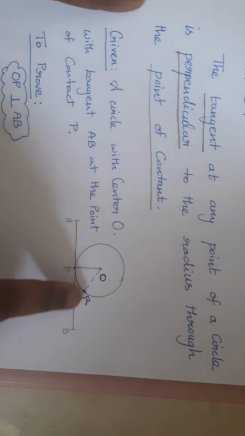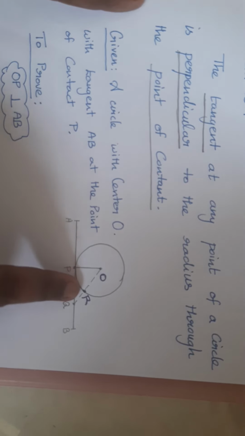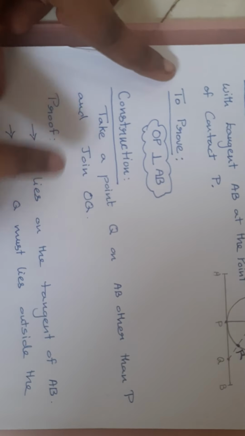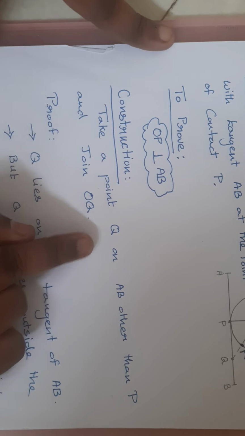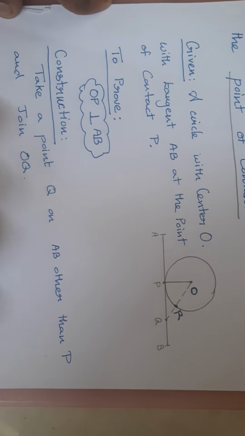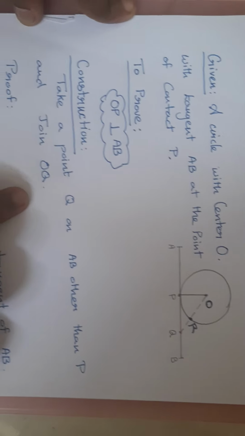That line will intersect the circle at a point R. I am writing here: take a point Q on AB, other than P, and join OQ.